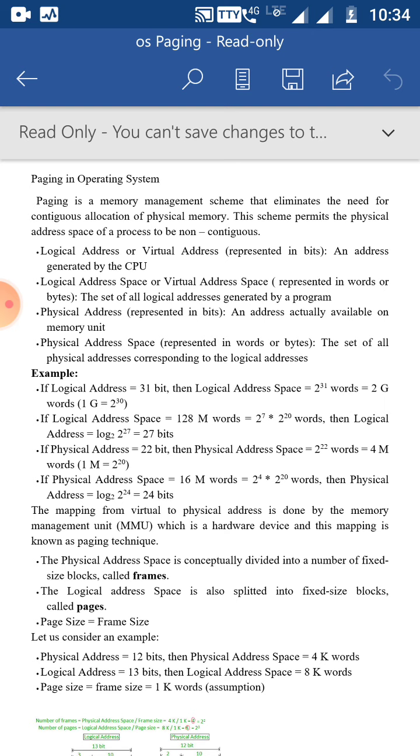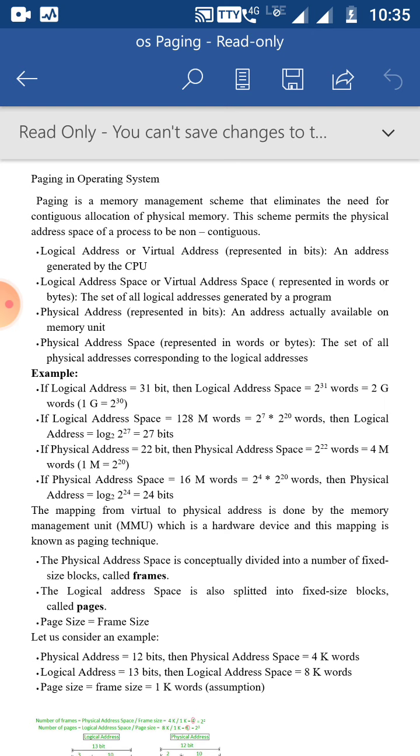Instead of loading the entire 65 bytes of program from hard disk to RAM, in the paging technique the entire 65-byte program is divided into many pages. Here the operating system must decide the size of the page.